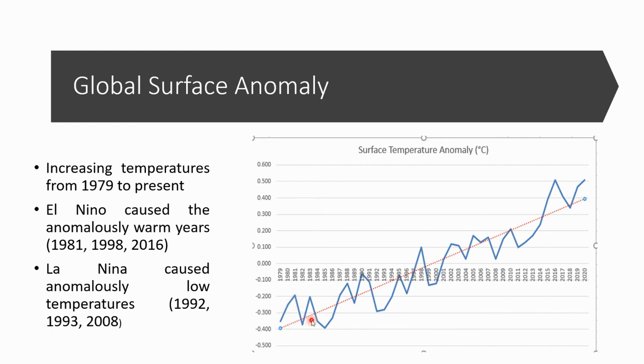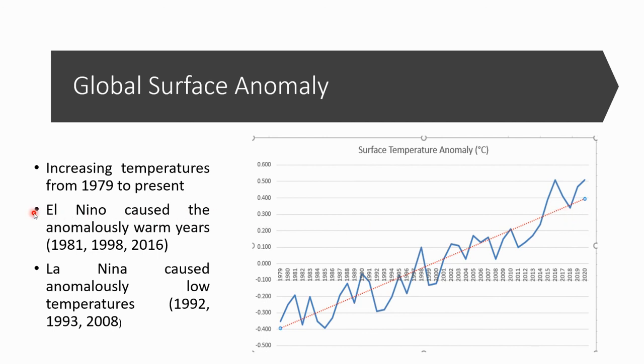Why was that? Compared to the red trend line, the temperature was a bit higher. If you look at 1998 compared to the trend line, the temperature was higher. If you look at 2016 compared to the trend line, the temperature was higher.